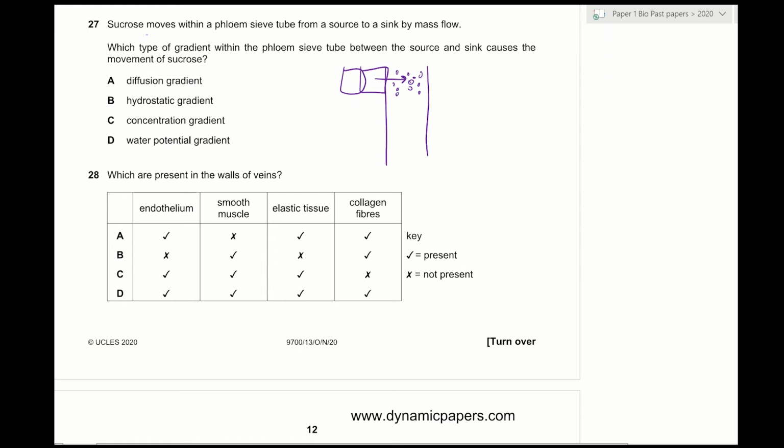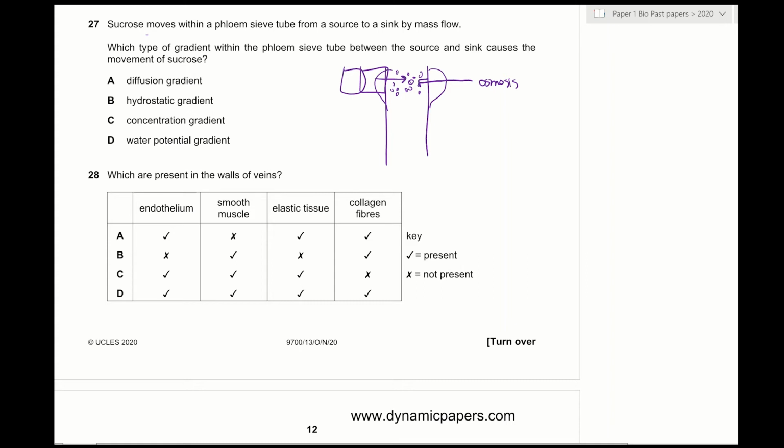There is a higher concentration of sucrose. Therefore, water from adjacent cells goes into the phloem sieve tube elements by osmosis, and it starts to increase in pressure at the top.